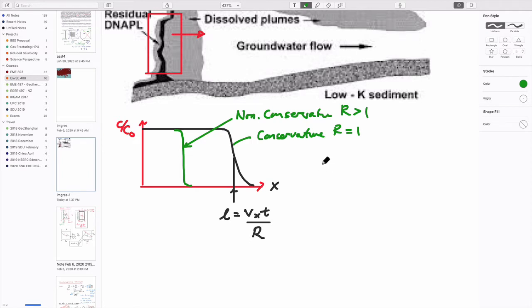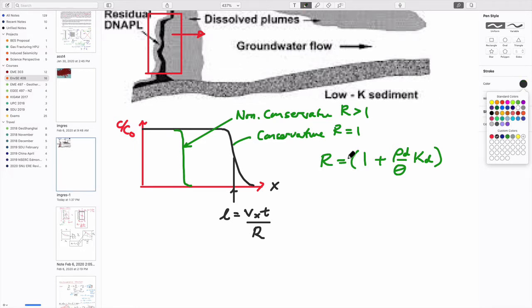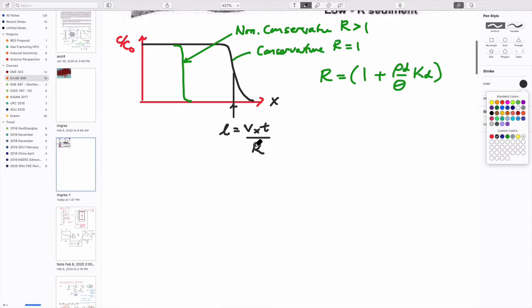And we know that we can define these behaviors in terms of this retardation coefficient, which straightforwardly we defined as the conservative case only, which is 1, plus bulk density of the aquifer over either porosity or volumetric moisture content, times this term called the distribution coefficient, K sub D. And that was useful to us in being able to define behaviors, because we could use that, for instance, to define this lag in the progress of the front through the system, the fact that the front would self-sharpen.